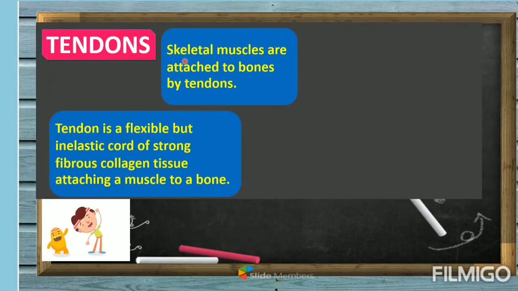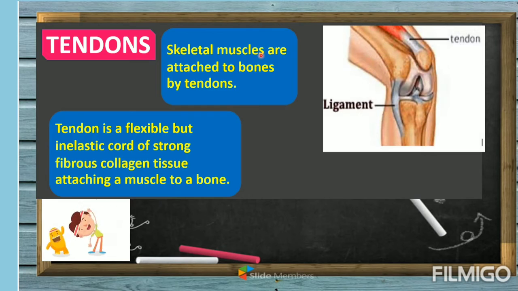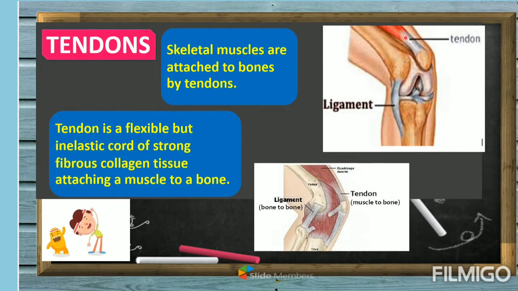Tendons. Skeletal muscles attach to bones by tendons. So for example, this is the skeletal muscle here, and what attaches the muscle to bones is called the tendon. So this one is the tendon. Again, the skeletal muscles attach to bones by tendons.